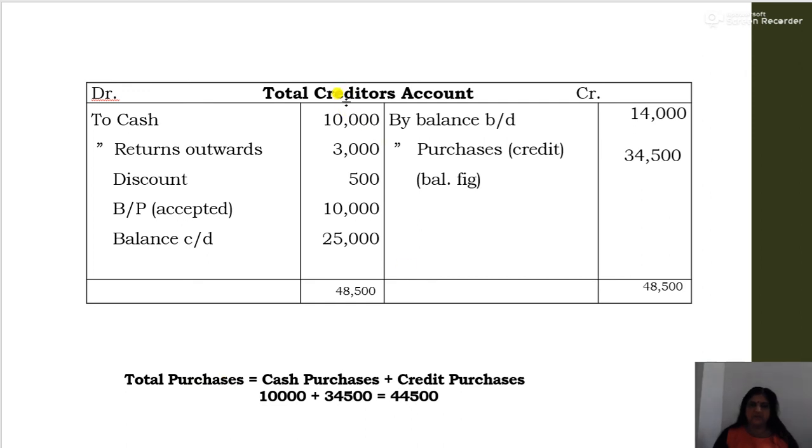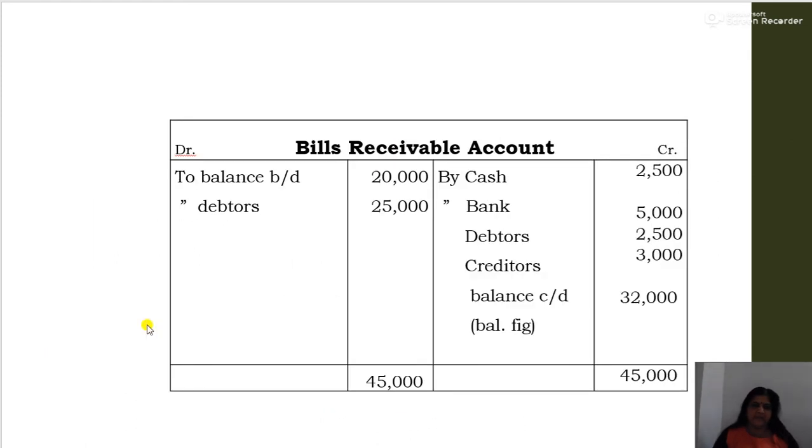Okay, so the total purchase, or the credit purchase comes to 34,500, and the cash purchase was given in the question 10,000. So the total purchase comes to 10,000 plus 34,500, 44,500. Then again you prepared bills receivable account, and you have to compute the closing balance as on 31/12/2018.